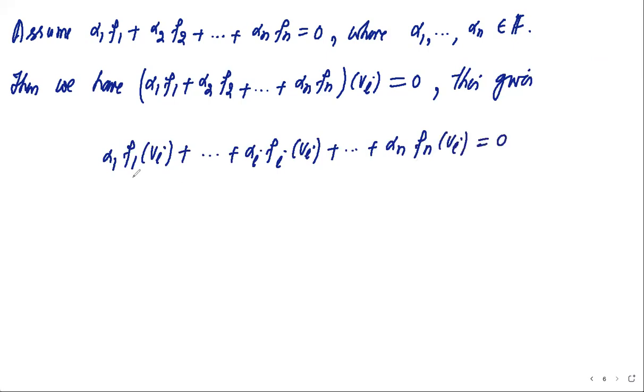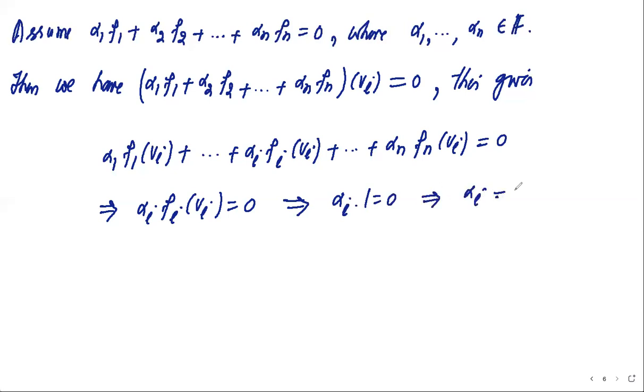But now by definition of these linear functionals, fi of vi is 1 and fi of vj is equal to 0. So this implies alpha i fi of vi is equal to 0, because all the remaining terms in this sum are equal to 0. And now, since fi of vi is equal to 1, this implies alpha i into 1 is equal to 0, and this clearly implies alpha i is equal to 0.